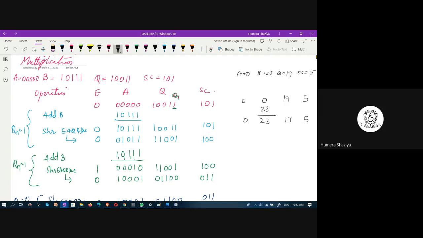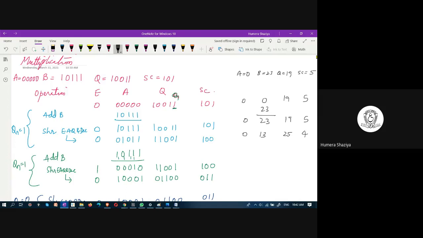After right shift, what happens? E would be 0. What is the value of A? After right shift, this is equal to 1, 2, 4, 8. 8 plus 4, 12. 12 plus 1, 13. This would become 13. And this was 19. It would become 16 plus 8, 24, 25. This would become 25. This would become 4.